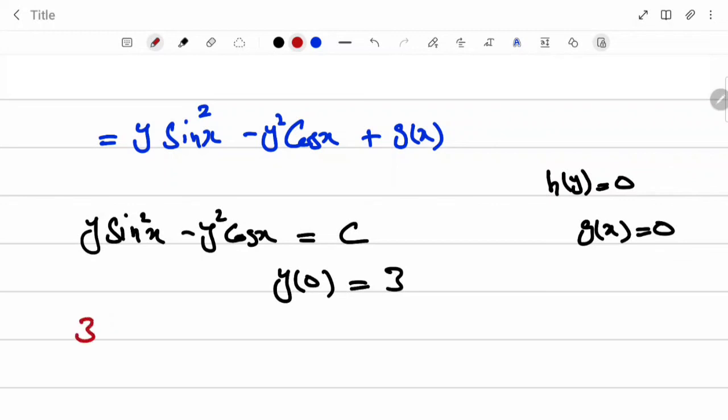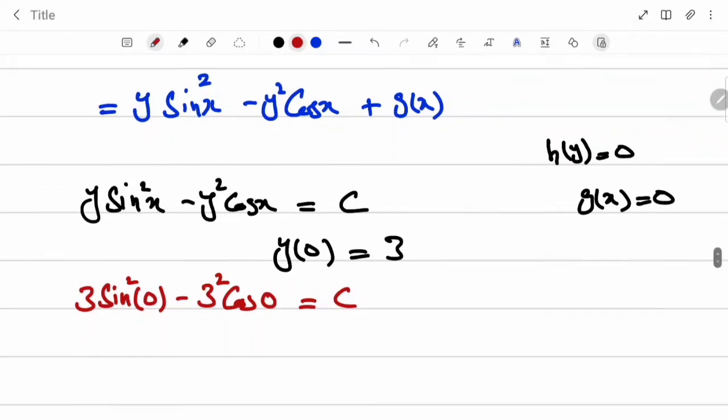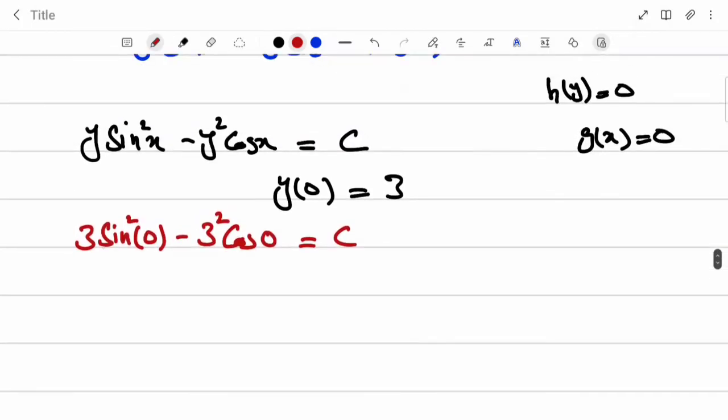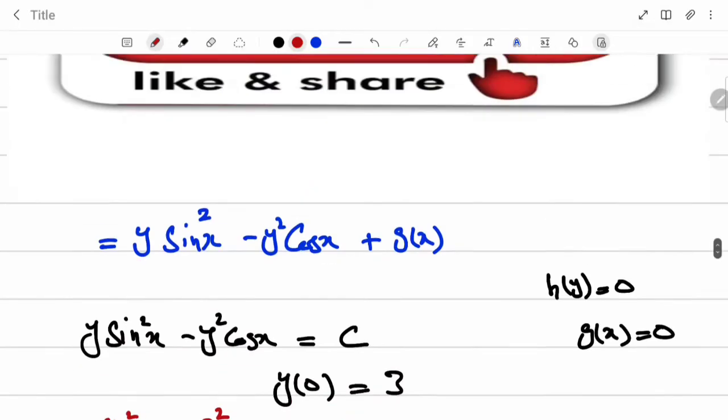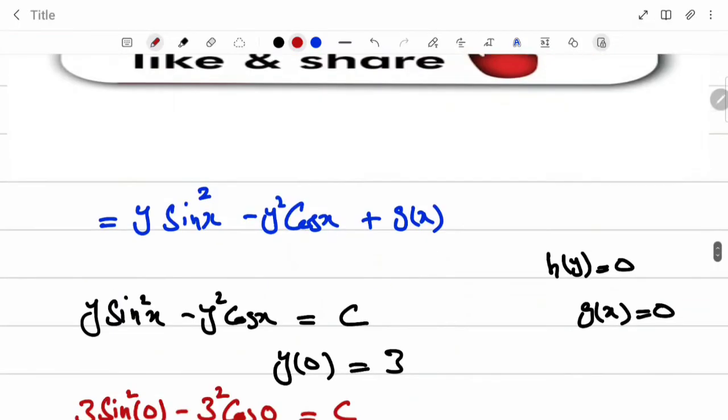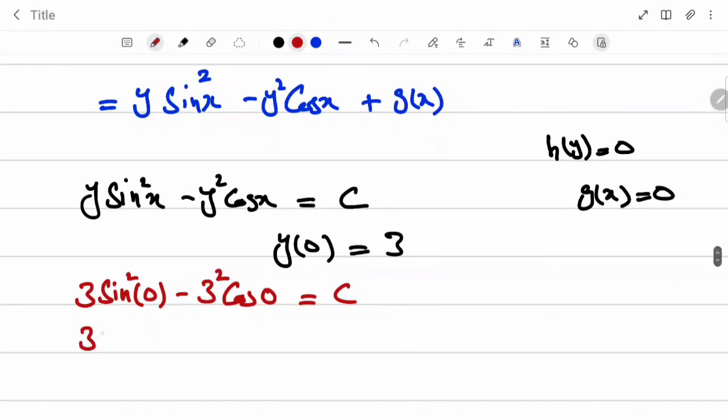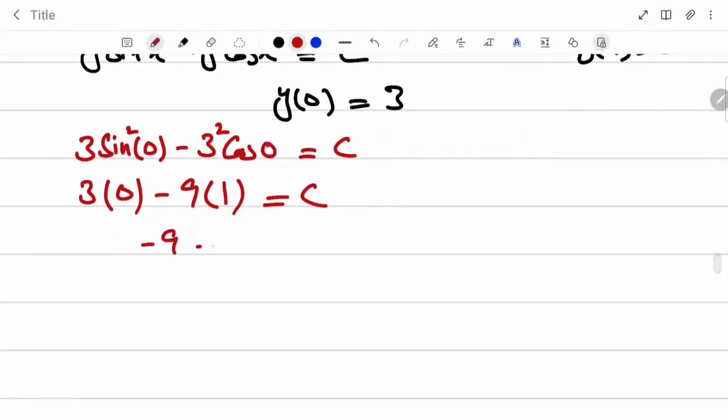So 3 sin²0 - 3² cos 0 equals c. Okay, so that turns out to be 0, because sin 0 is 0, minus 9 cos 0 is 1, equals c. So we have -9 equals c.